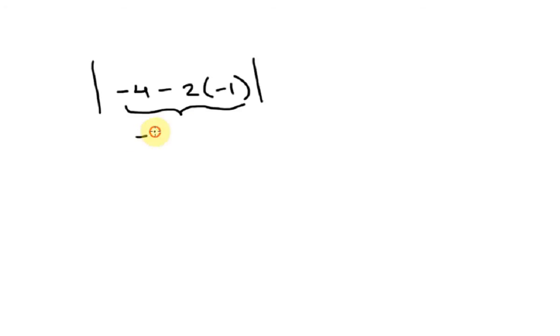So this is negative 4, and then minus a negative 2, or effectively plus 2. So negative 4 and positive 2 makes negative 2. So what we're really saying is we want the absolute value of negative 2. Okay, so that's positive 2. So you see how I worked all this out first, and then I got my number, and if it happens to be a negative number, then I turn it positive. If it was a positive number, it would stay positive.